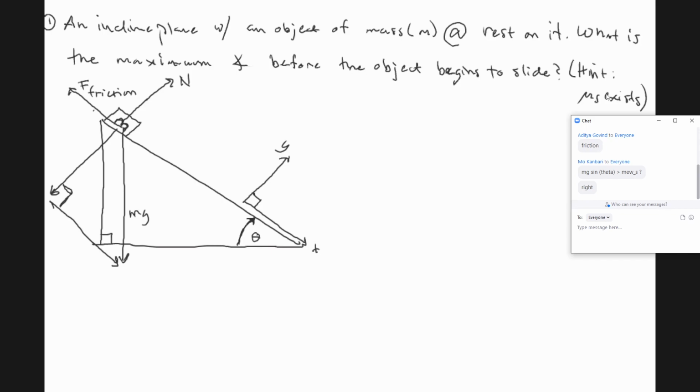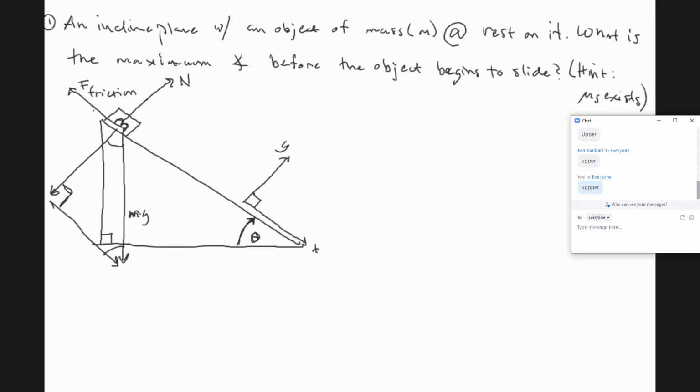So my question to you guys is, where is this angle theta in this new right triangle that I just made? Is it in the upper half here, or is it in the lower half here? Okay.